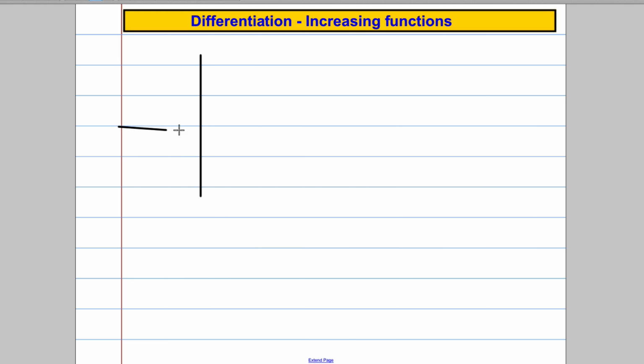I'm going to draw a graph, and I'm going to draw a function for you here, and call that y equals f of x. And I'm telling you that's an increasing function. Could you explain to me what you think I mean by saying this is an increasing function?